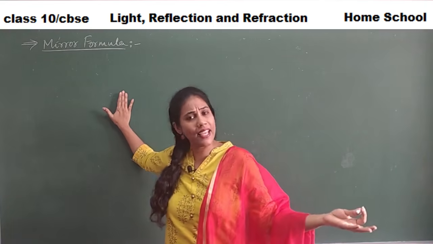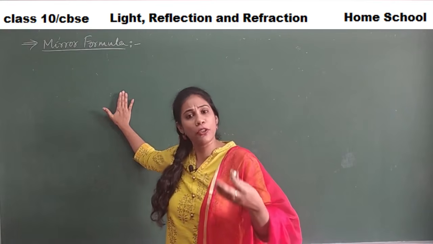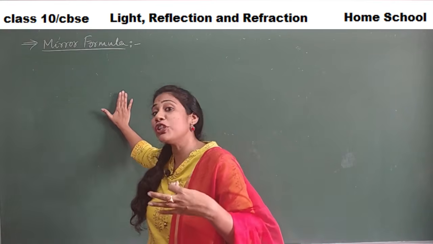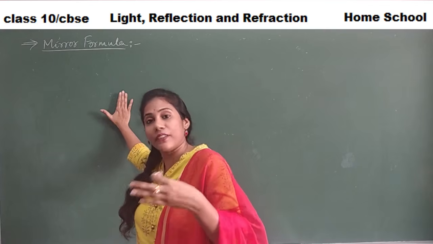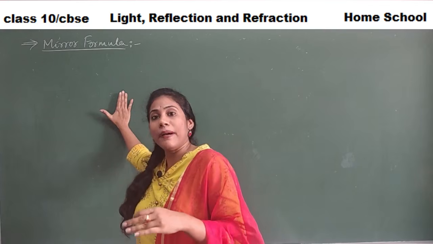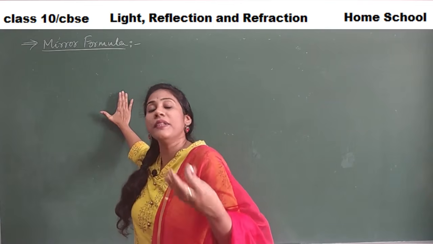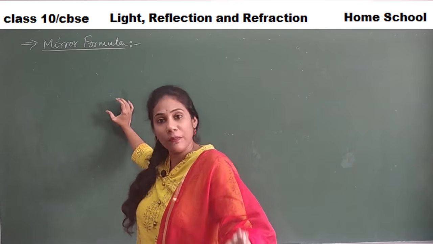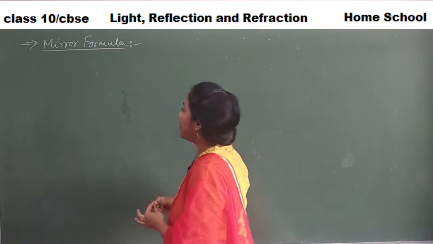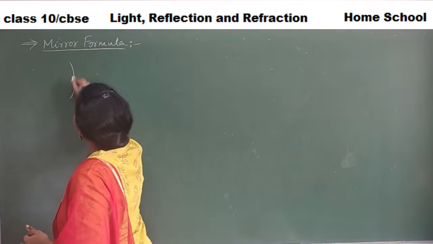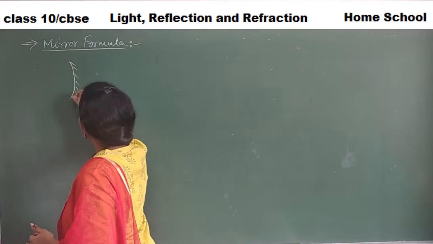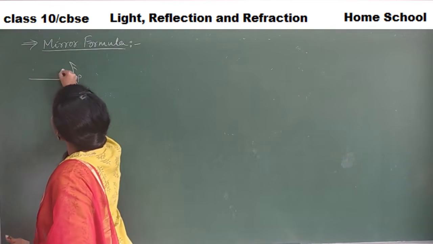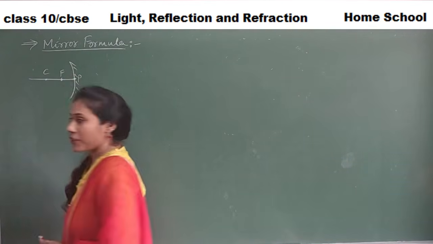Ray diagrams are there, isn't it? When you know the position of the object, you can predict the position of the image with the help of a ray diagram. But if you want an exact numerical value, it's not possible from a ray diagram. For example, imagine this is your concave mirror, and this is the pole, focus point, center of curvature.